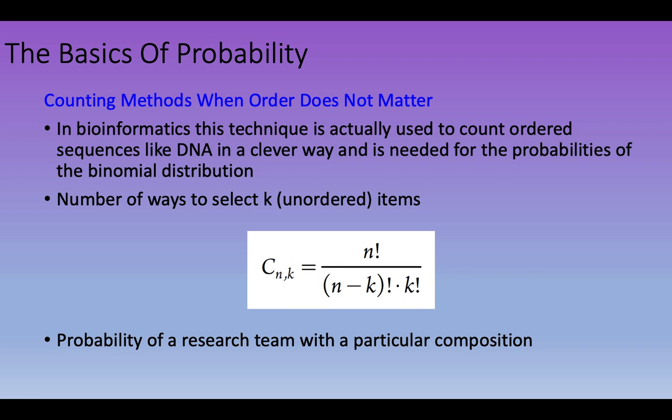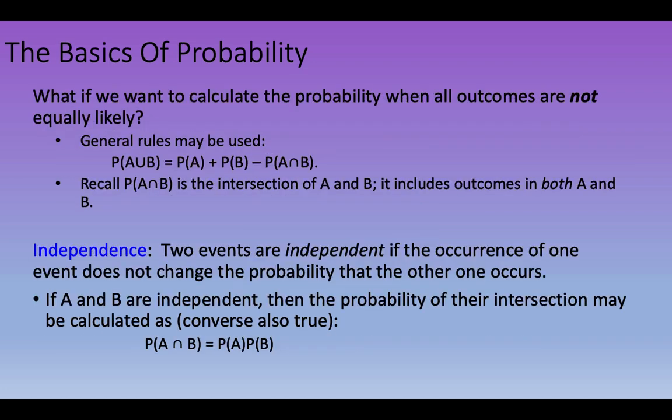Well, we can use these sort of cases of unordered selections or combinations and manipulate the properties of an equation like this binomial equation shown here in bioinformatic techniques, and it allows us the ability to sort of calculate the combinations of ordered sequences such as DNA sequences in some clever ways. And so we'll go over that in class and talk in a little more detail, but just know that we do have this way to identify these unordered sequences.